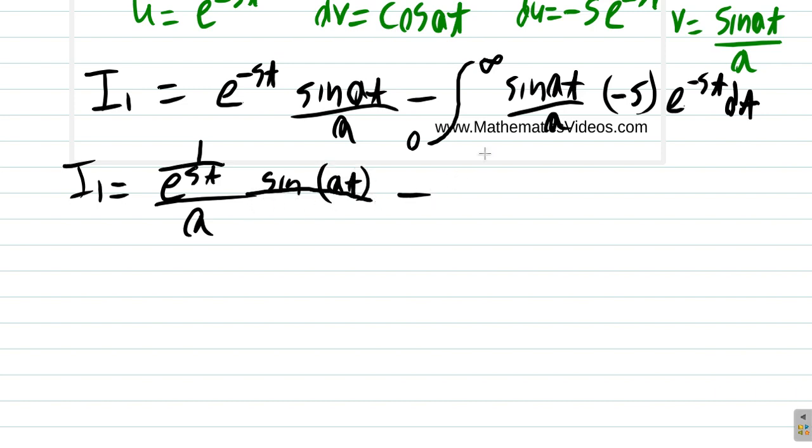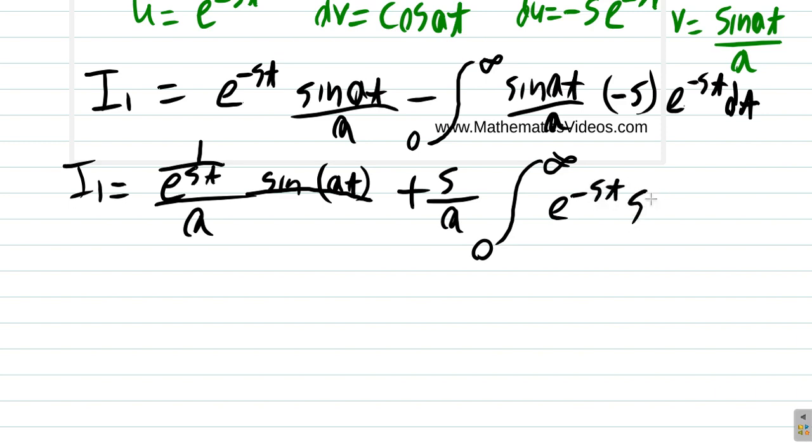Alright, minus, well, we have a minus here and a minus here, so we'll end up with a plus, plus s over a outside the integral sign, since we have the constant a under here. So we have the integral from 0 to infinity of e to the negative st sine at dt. Alright, so that's what we have.